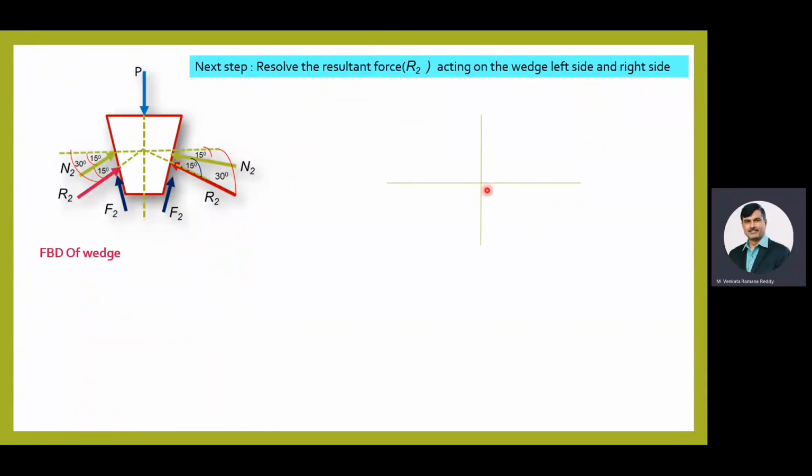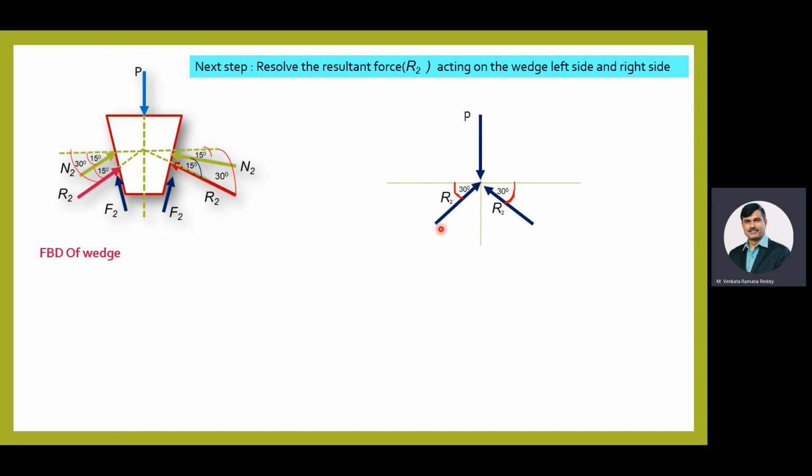Here, the applied force P is acting in the vertically downward direction on the wedge, and the resultant force R2 is making an angle of 30 degrees with the horizontal line, and this resultant force R2 is also making an angle of 30 degrees with the horizontal line. Then we will resolve the resultant force R2 into its horizontal component as well as vertical component.